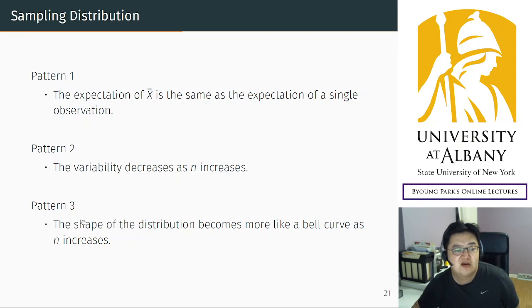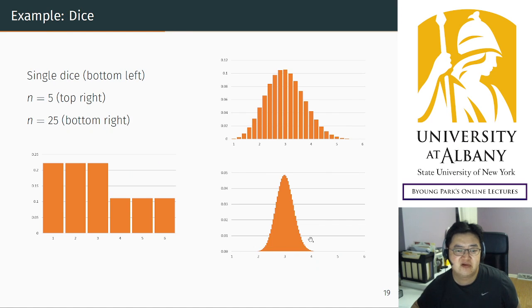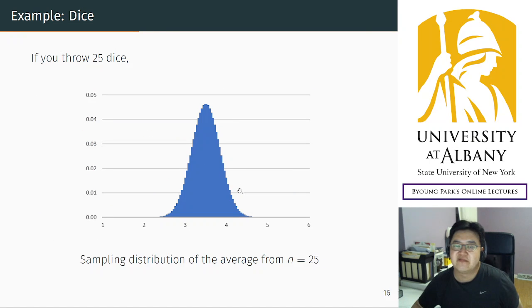Pattern number 3, very clear. The shape of the distribution is approaching the bell curve, and I told you in a spoiler, this is quite obvious. Bell curve, bell curve, bell curve, bell curve.